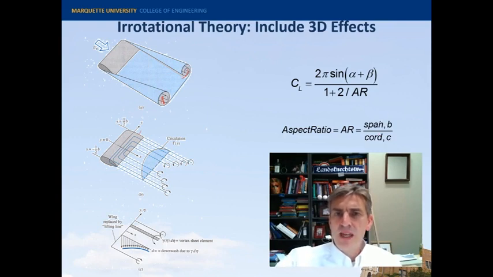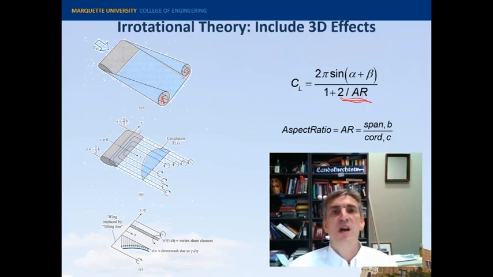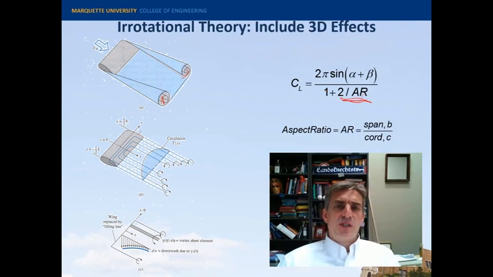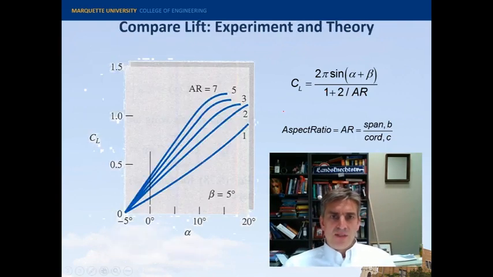So if the span goes to infinity, an infinitely long wing, then AR goes to infinity. If AR goes to infinity, then this term goes to 0, and you just recover the 2D wing, right? But it represents just this shift, and I thought I'd show you some data.